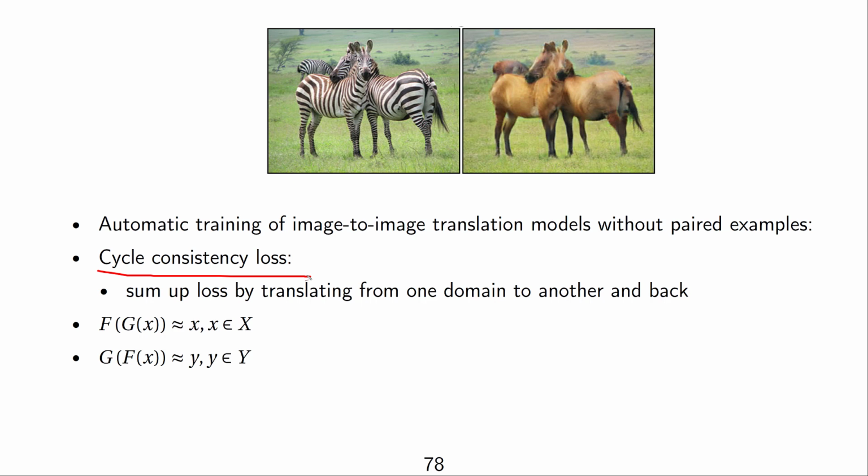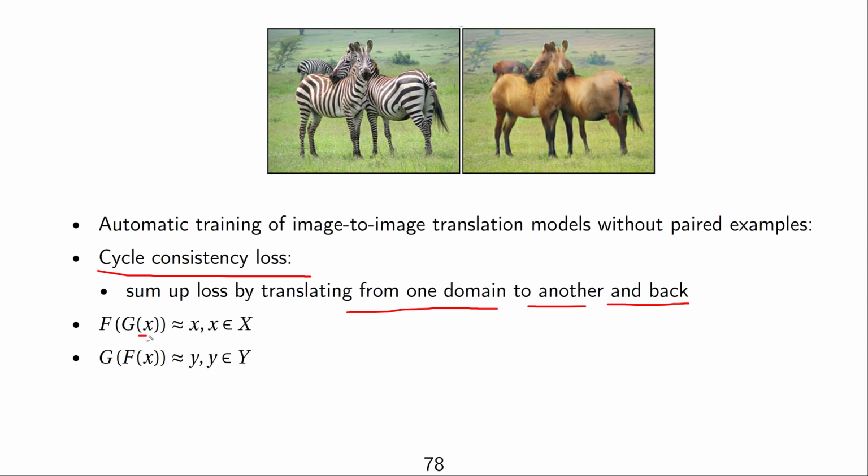But the authors were really one of the first to find a very impressive way to use this concept. So the idea is that it's very difficult to judge a single translation, but it is possible to judge a translation from one domain to another and then back in the original domain.